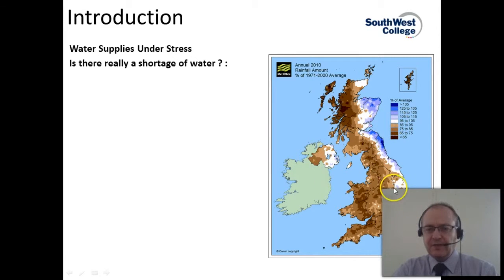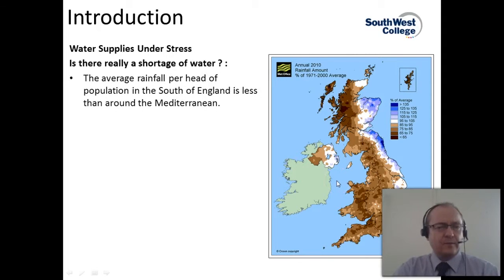So you can see there's a few areas in the UK, on the east coast, half of Northern Ireland, and along the east coast of Scotland and England, where it was at its annual average between 1971 and 2000 in the year 2010. But you can see there's quite a few areas where it was less than 65% of the annual rainfall along the western coasts, the western coast of Scotland, and then through most of England. The rainfall level in 2010 was lower than the national average for those particular areas.